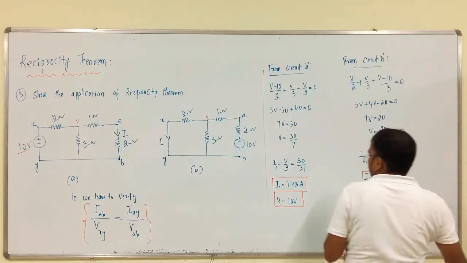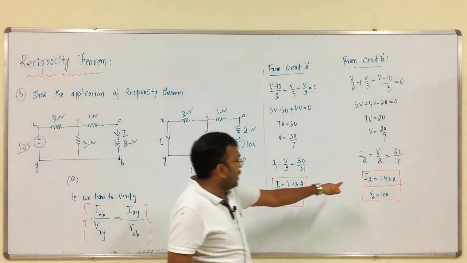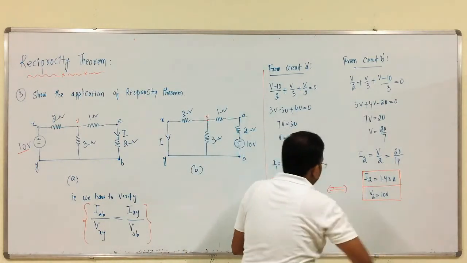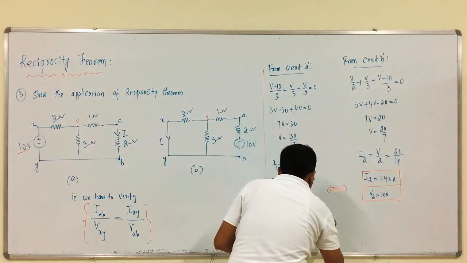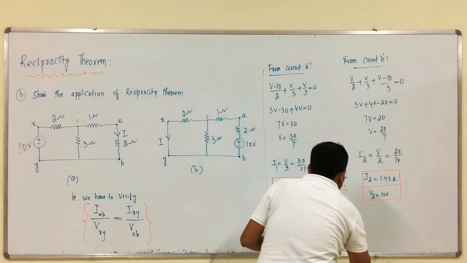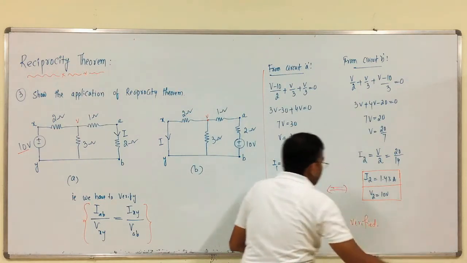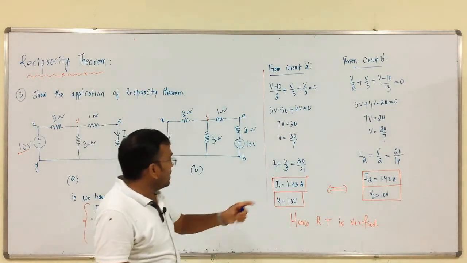See, from this, I1 by V1 is 1.43 by 10, I2 by V2 is 1.43 by 10. Those two are equal. Hence, reciprocity theorem is verified. That is it. If you take any circuit like this, you have to solve.